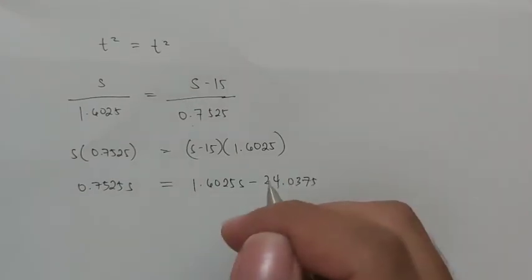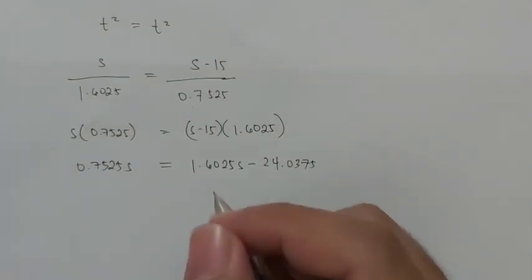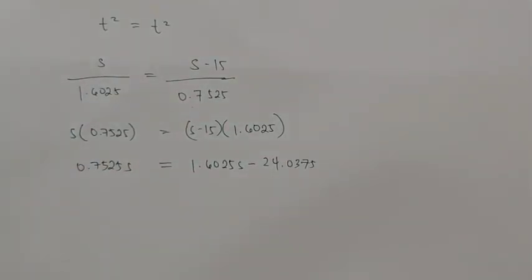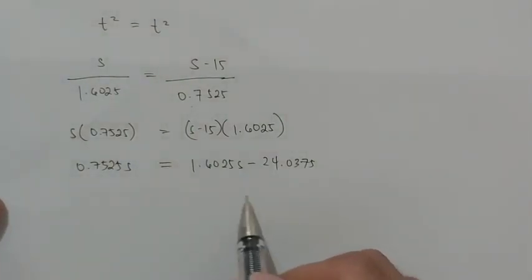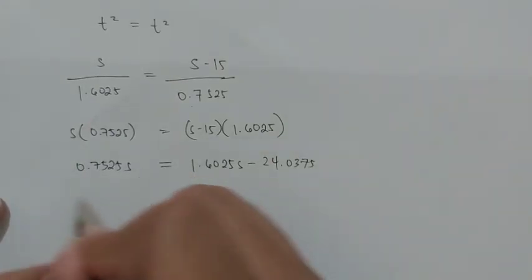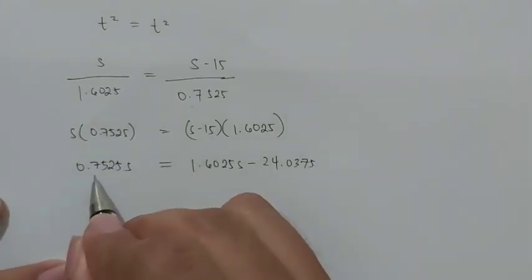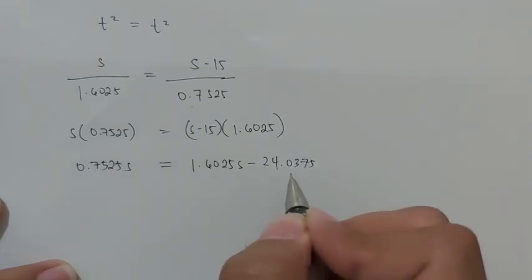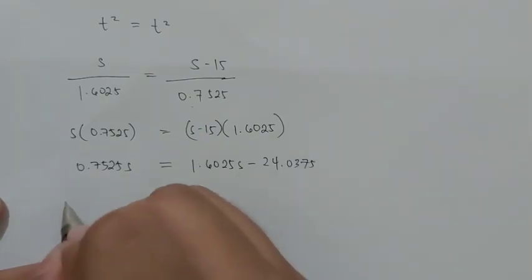Okay, so we can get that. So transpose lang natin muna to. Ilipat lang natin yung 0.7525 dito, and then yung 24 sa other side.